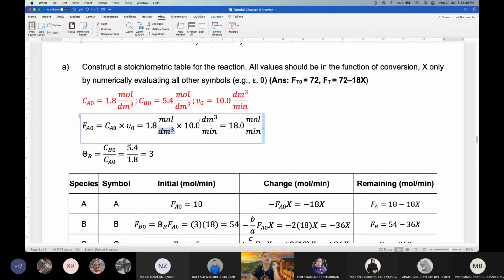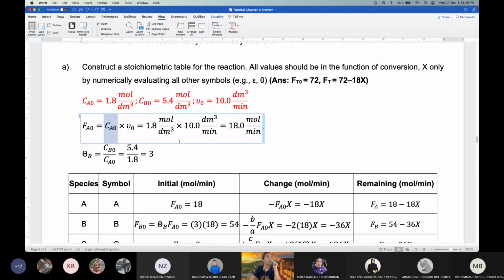I'm left with mole per minute. Mole per minute has the dimension of mole per time, molar flow rate. So most likely the value you calculated is the molar flow rate. So you get 18 mole per minute. But don't forget, you must multiply by CA0. They give us CA0 and they give us CB0. Make sure that to find FA0, you must multiply by CA0.